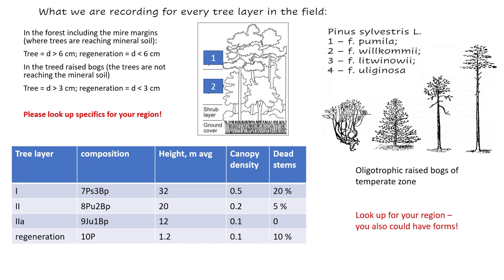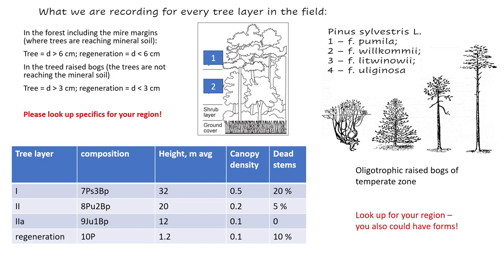And then the second layer the same. You put a formula separately for the second layer, and if you have a sublayer, you have a formula for the sublayer, and also separately you put a formula for regeneration. This is the composition. Then you give the average height of the layer and the canopy density for the layer at this time.